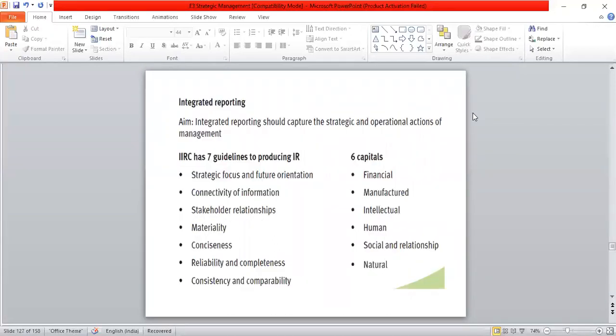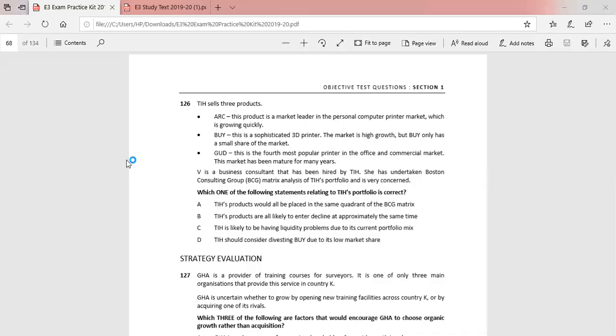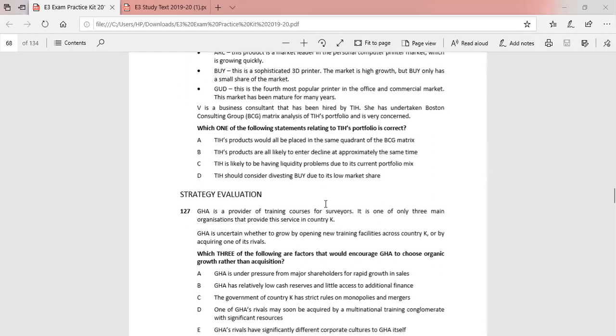The next topic is change management, but before that, let's complete the MCQs which we have in the examination kit related to this one. And then go to change management next.